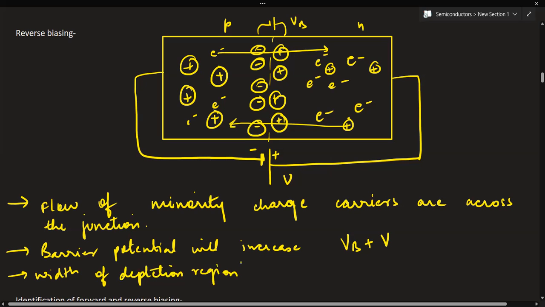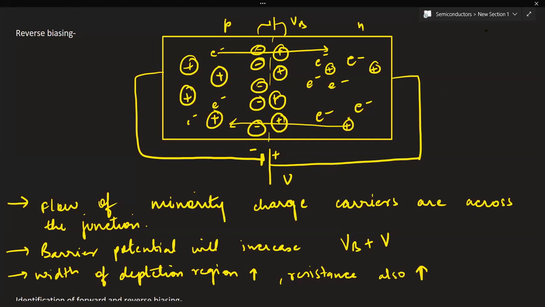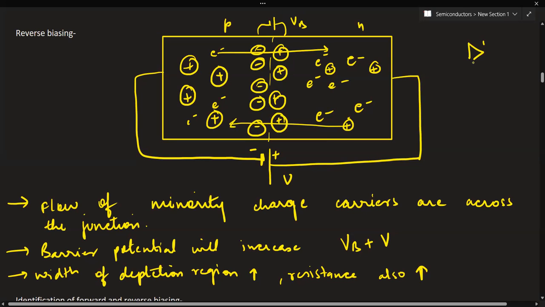It got decreased in the case of forward biasing; now it will increase. And resistance also increases. Resistance will be more.